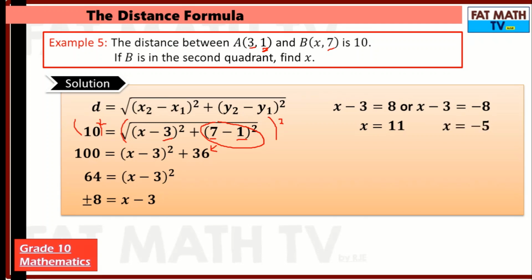But which one will we choose? Or do they both satisfy the conditions? x equals 11 and x equals negative 5. Which one are we going to choose? Okay, not x equals 11, but x equals negative 5. Why?